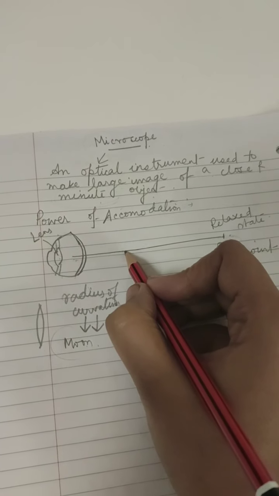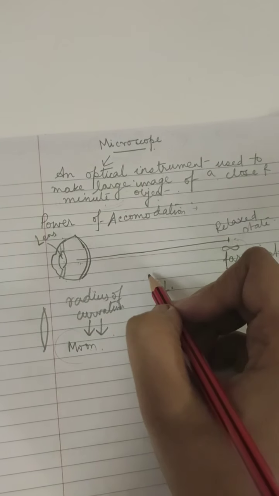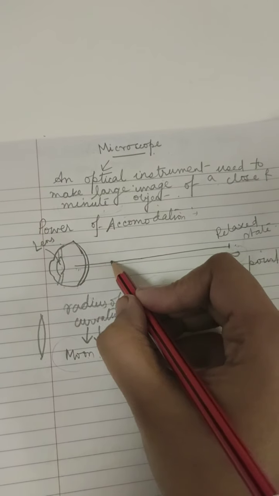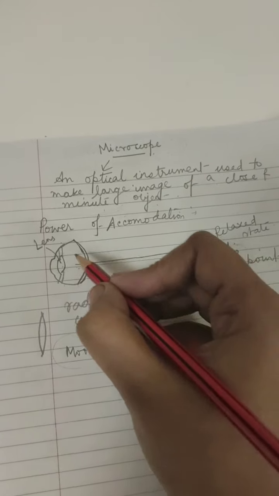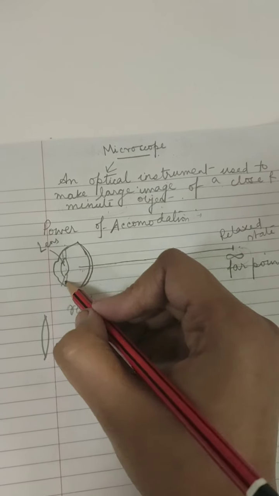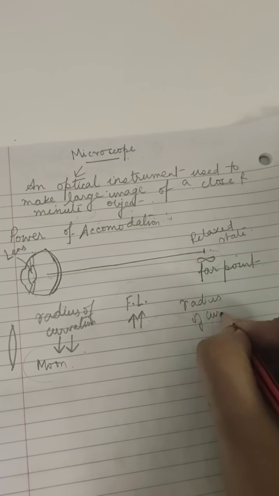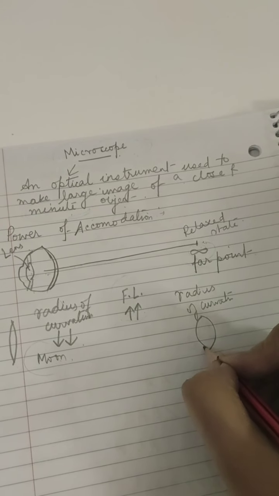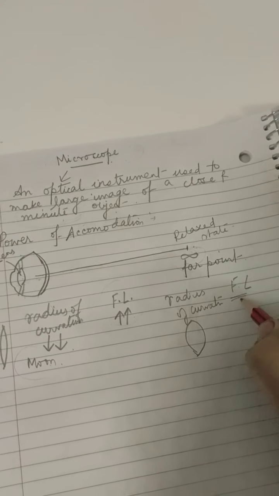But when you have to thread a needle, you cannot keep the needle at a distant point. You have to keep the needle closer to the eye. So when you bring the needle closer to the eye, there is a contraction in the muscles of the eye, thereby increasing the radius of curvature of the lens, and the focal length of the lens decreases.